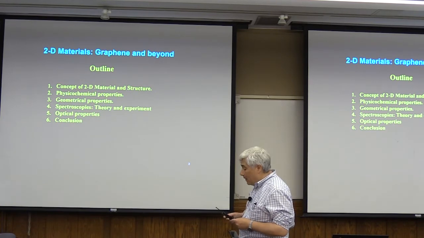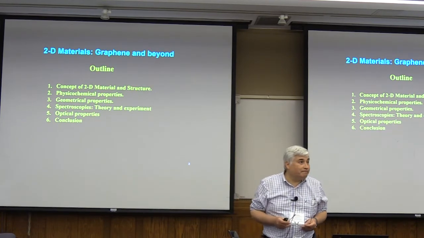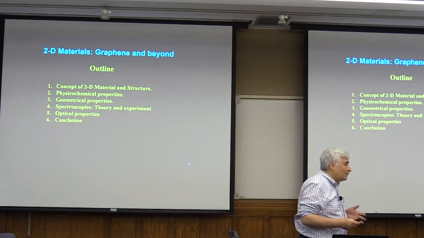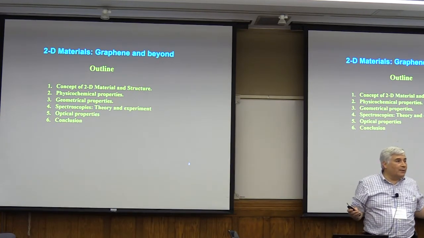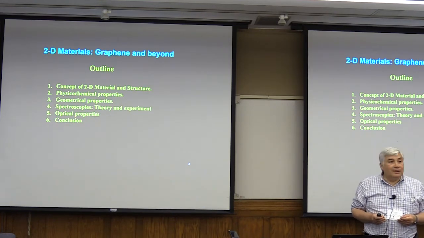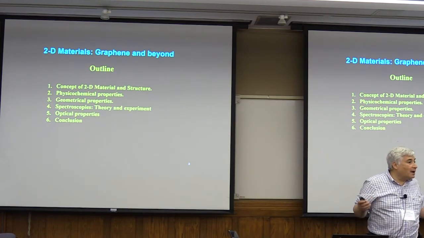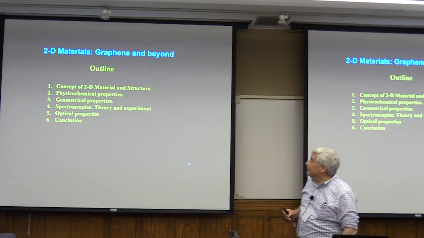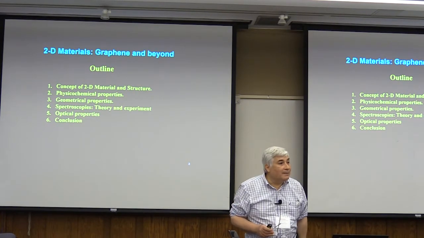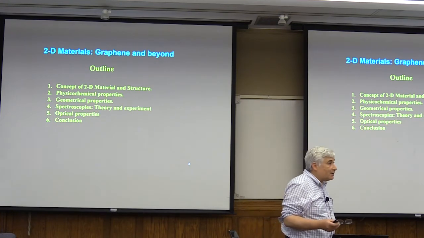Then I will talk about optical properties. It turns out that some of these two-dimensional materials, like Joel was saying, transition metal dichalcogenides, which I will show you what are those, are semiconductors.